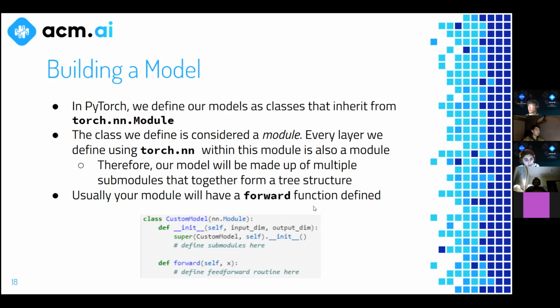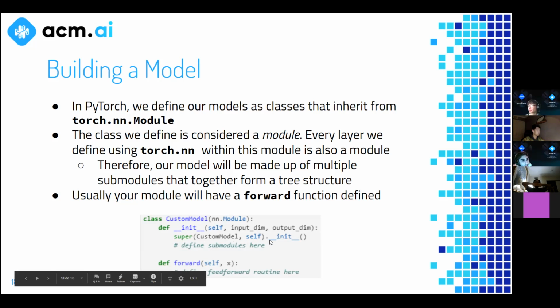Once again, we have the constructor here. You always have to call super here. I think super inherits all of the data members and functionality of the superclass you're inheriting from, so you have to call that explicitly every single time you create your own model.